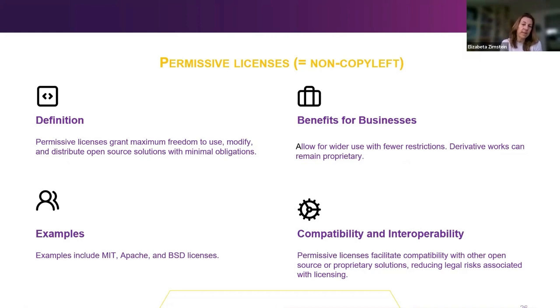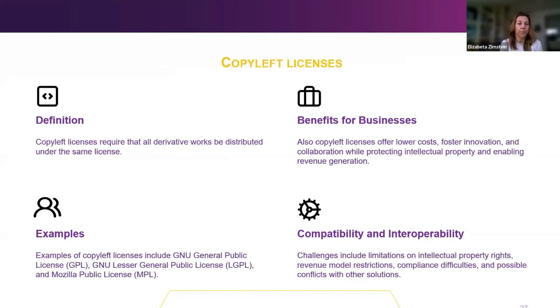Examples of permissive licenses include MIT license, Apache, and BSD licenses. Permissive licenses allow for wide use with just a few restrictions, and derivative works can also remain proprietary.